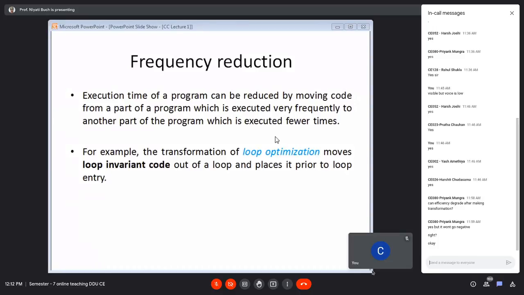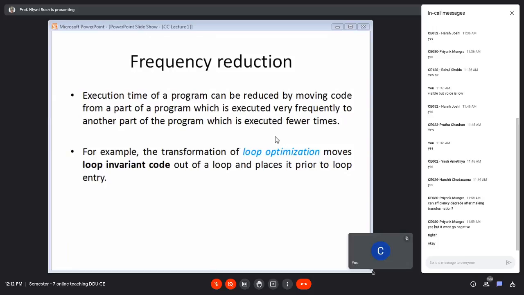One example of frequency reduction is loop optimization. If there is some code which is not required inside a loop but is still placed in the loop, then such code is known as loop invariant code. We will see an example and you will get it. If we move such code outside the loop, say we place it at the entry of the loop, it will not be executed as many times as the loop runs.